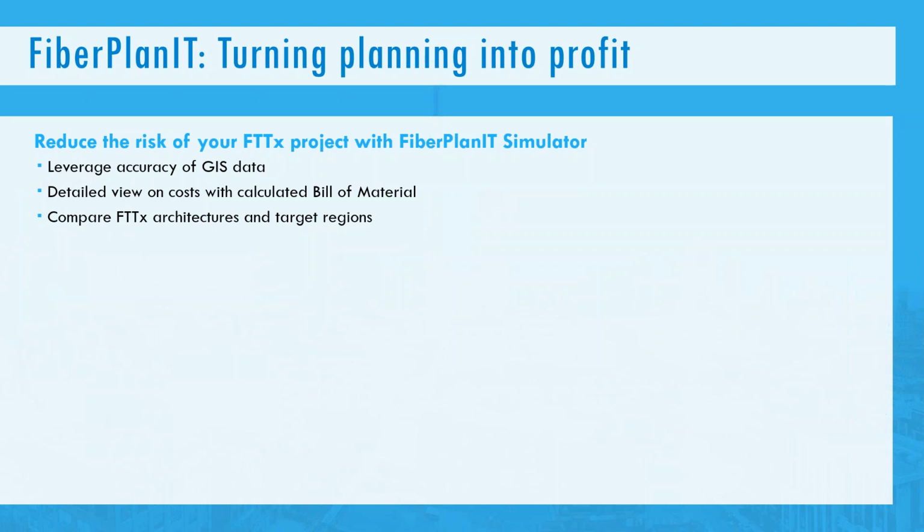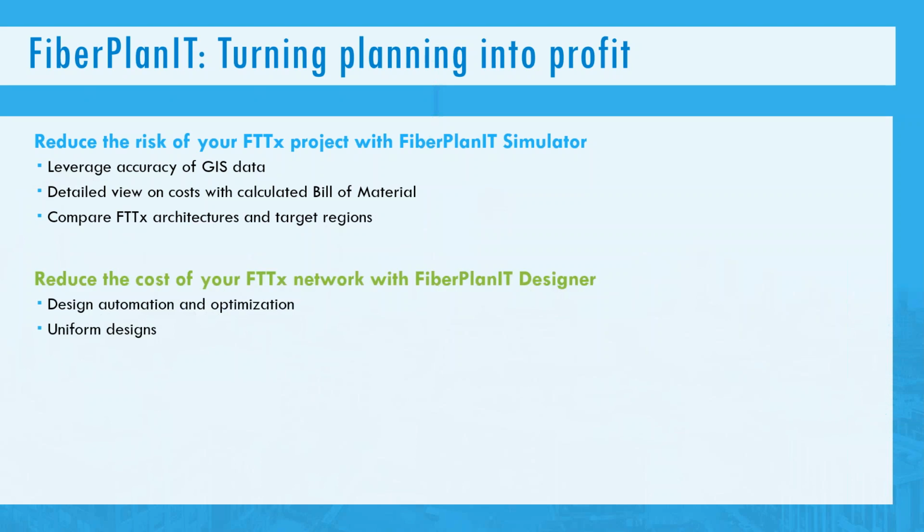The way that we can do that, as I've shown, is that it uses the GIS data and the accuracy of that GIS data, and it gives you a detailed view on the costs, a very detailed breakdown per equipment type, as we saw in the bill of material. Because it's an automated solution, it allows you to compare in detail different architectures and different regions that you have in mind, and get that cost information.